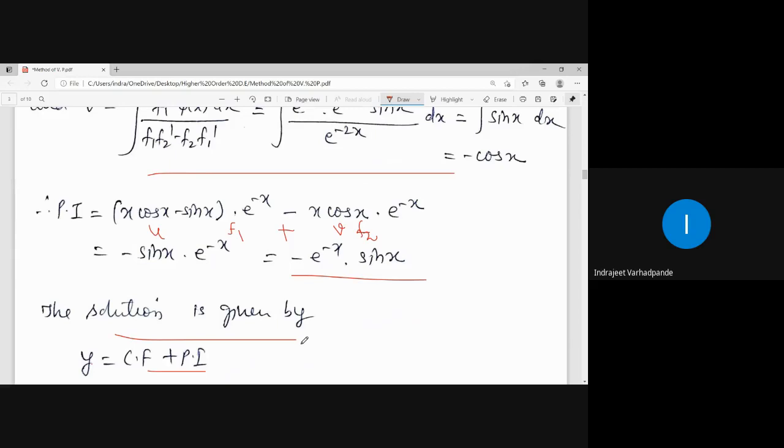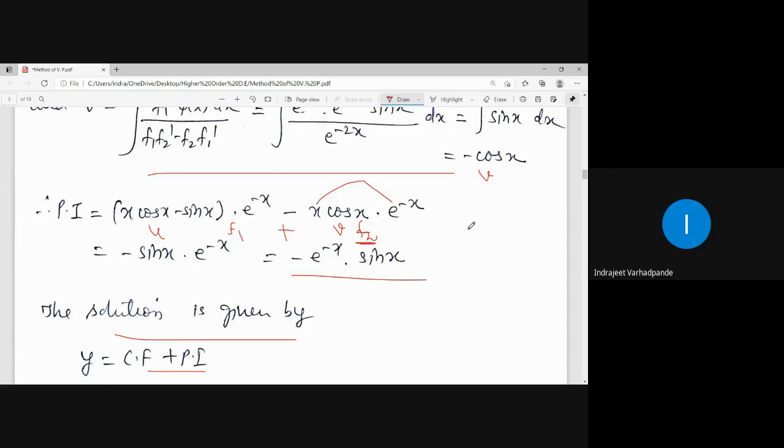Combine the final answer: U into F1 plus V into F2. This is U, this is F1. V is minus cos x, x into e to the power minus x is F2. Fine, plus has become minus as V was negative. Is this clear?